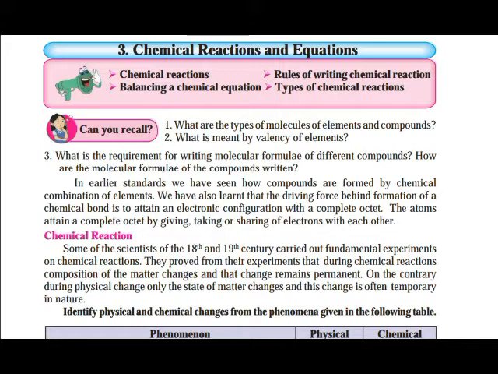So, to complete an octet, chlorine needs? It takes, because it has 7 electrons in the outermost shell. So it wants 1 electron, yes or no? So 1 electron of sodium it is taking and completing its octet.